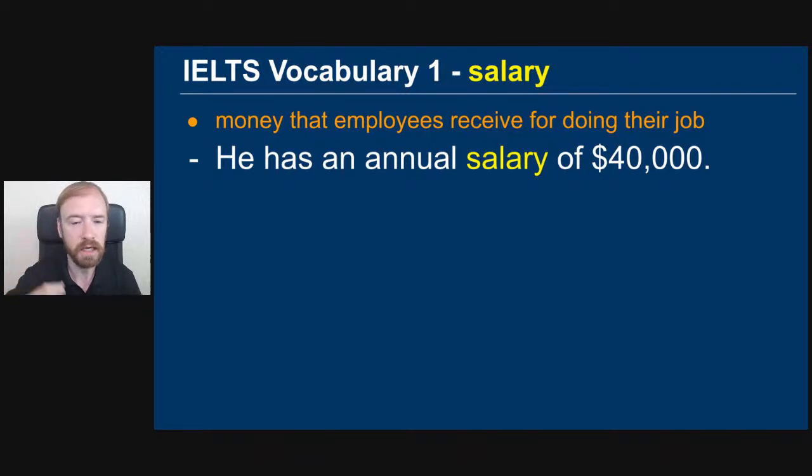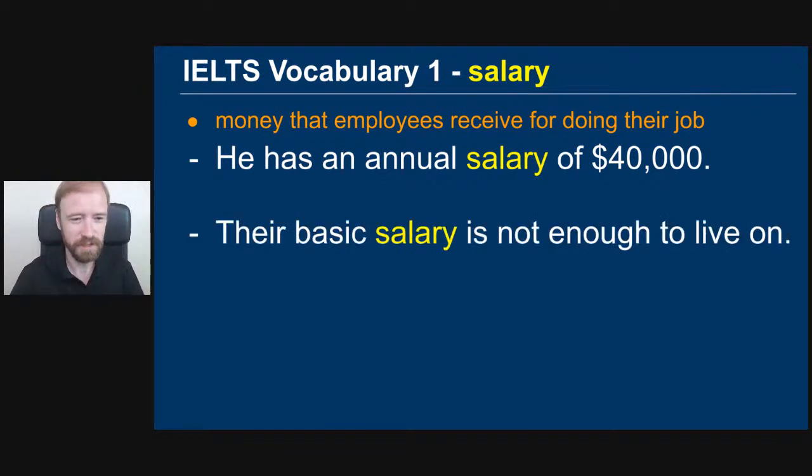They're going to calculate how many hours I work, and that's what they're going to pay me. That's a wage. Salary, again, is for a more professional job. So again, I'll ask the chat, hey, everyone, what's your annual salary? You don't have to tell me. I'm not going to tell you. Anyway, example sentence: he has an annual salary of $40,000.